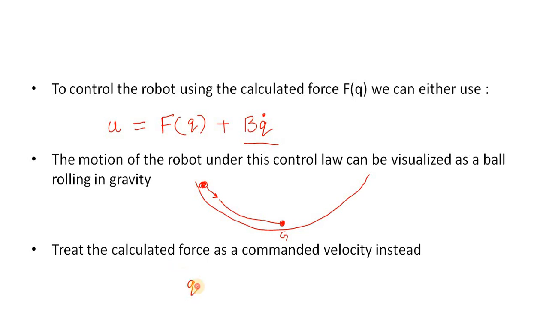So whatever force you calculated, F of Q, the attractive plus the repulsive force, you treat it as a command velocity and give it to your robot. This will automatically eliminate the oscillations, and your robot will start moving toward the goal till it reaches the goal.